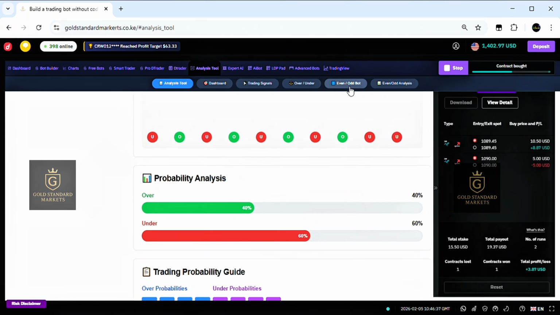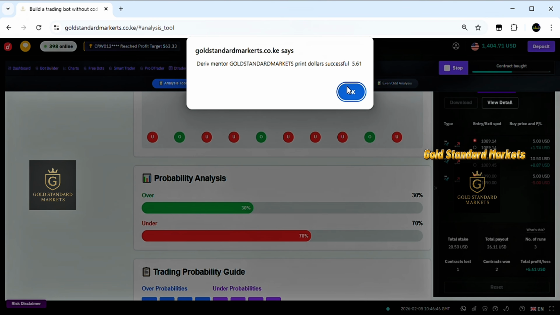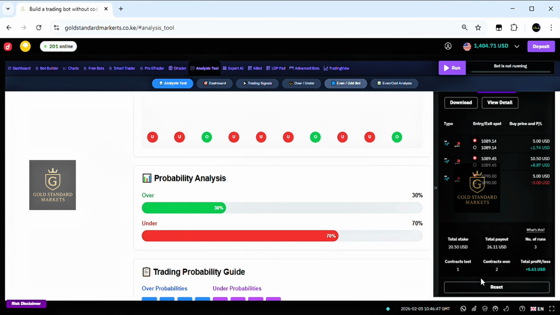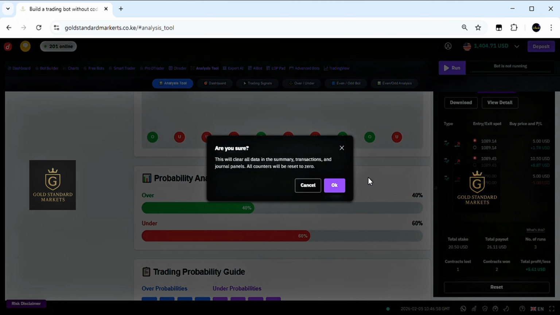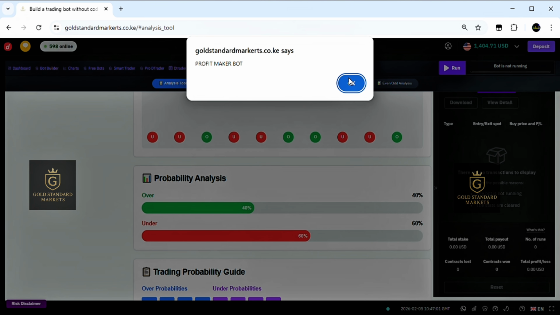You turn on the bot, you set up your analysis tool, and then you take trades. Remember, you're taking trades when the overs are higher than the unders. That is when you should be taking trades. Once you hit your TP, you reset and then we go again.